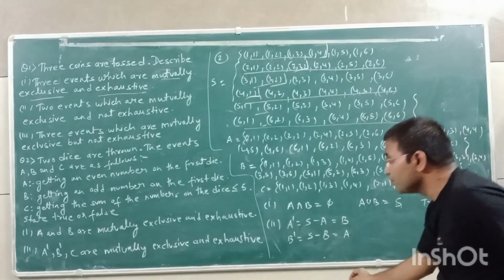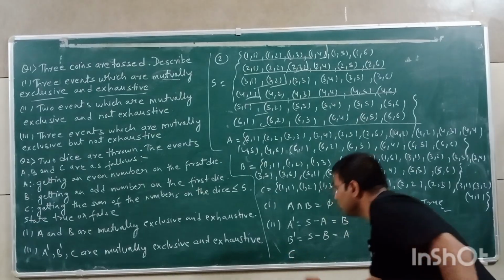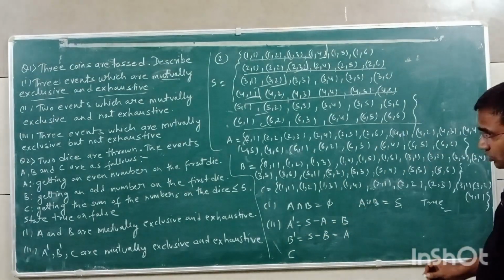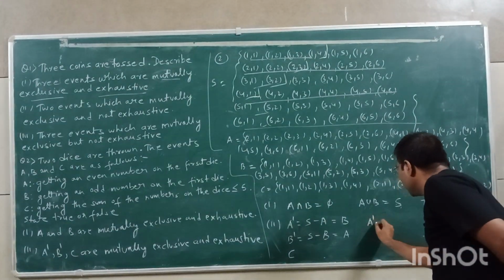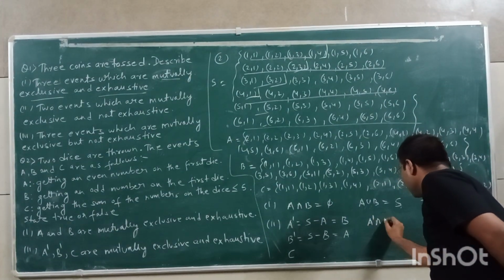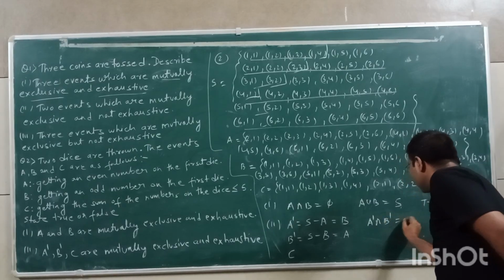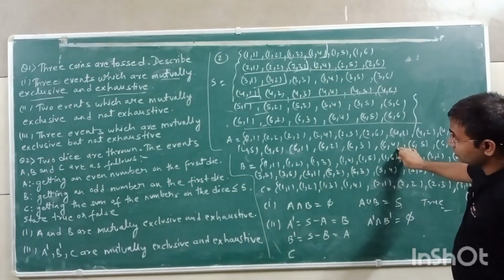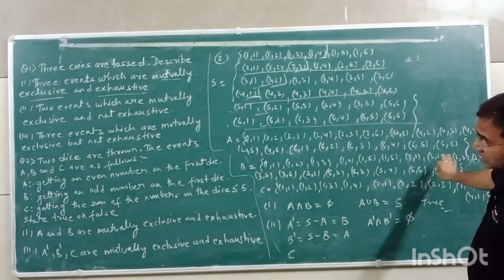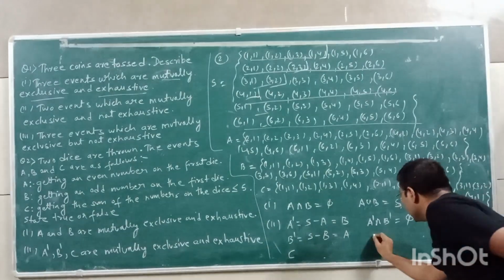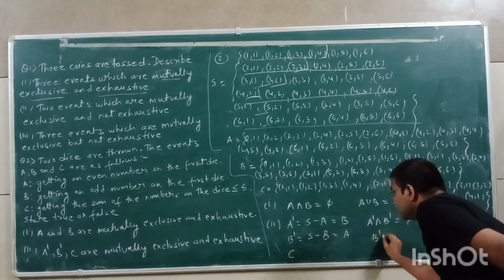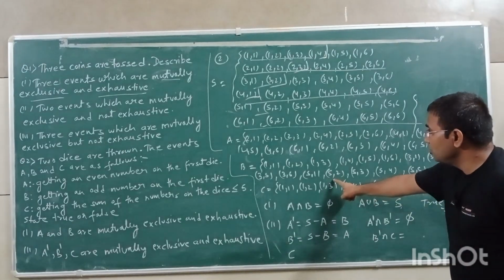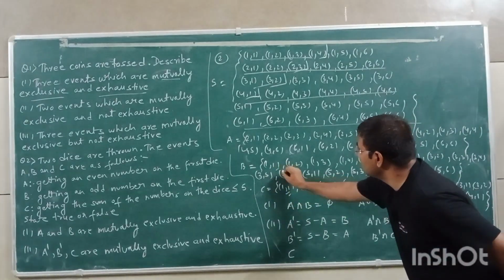So see here. Now here we have to take C also. Now we have to check whether A complement, B complement and C are mutually exclusive or not. If you take the intersection of A complement and B complement, you will get phi, no element will come because these outcomes are different. Now if you take the B complement intersection C, here one element is common.